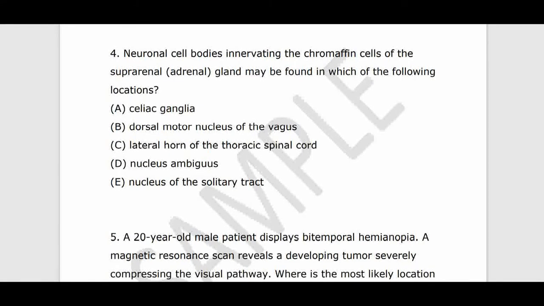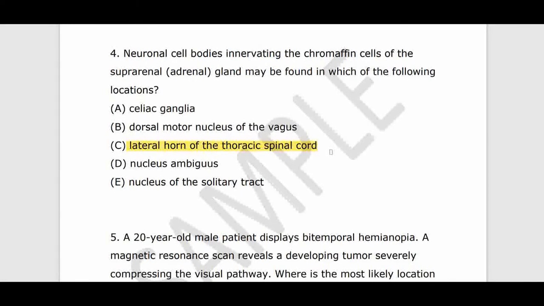So the preganglionic neurons will synapse directly at the adrenal gland. All preganglionic sympathetic neurons take origin from the lateral horns of the thoracolumbar spinal cord.